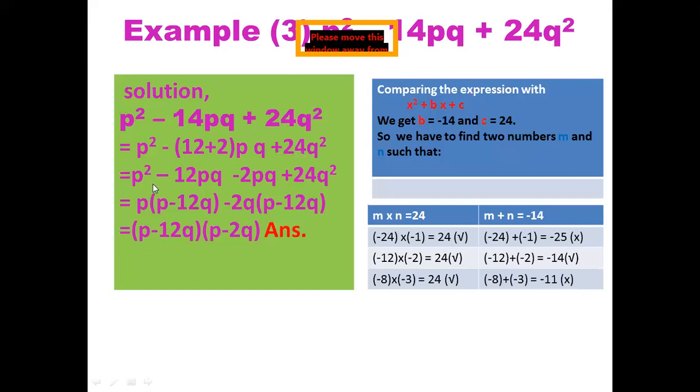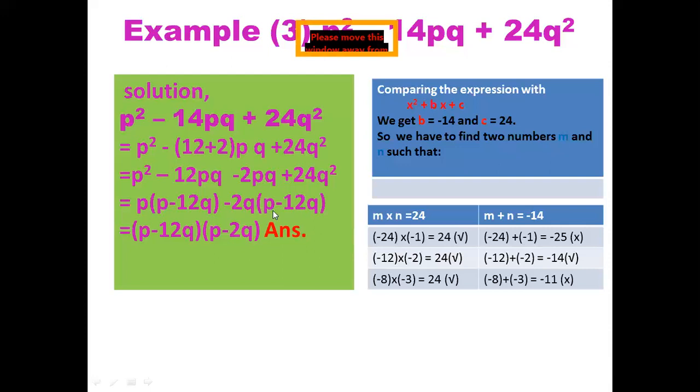Now let's take common in these two terms, p common, then what will be left here? P minus 12q, and here minus 2q common. As I told, in 24, 12 into minus, this minus 12 into minus 2. If you take minus 2 common, then minus 12 is left in the bracket.